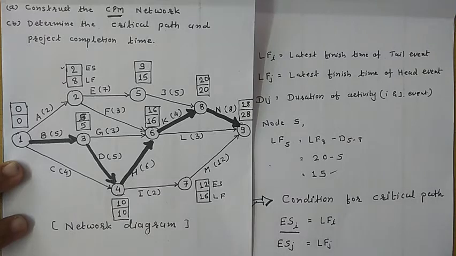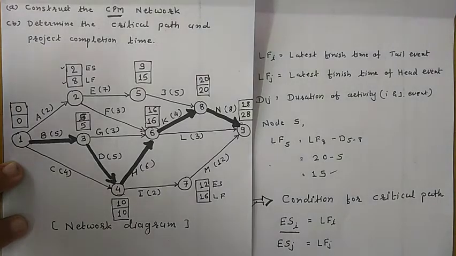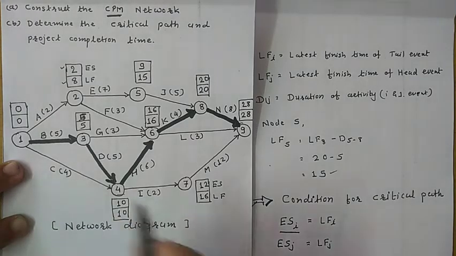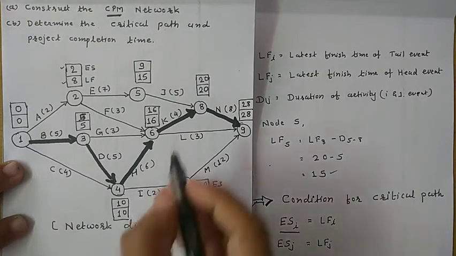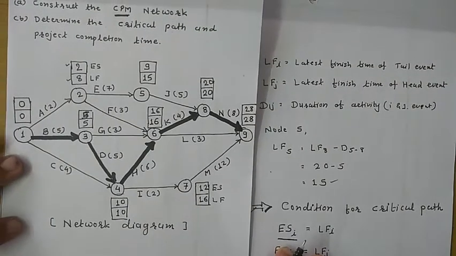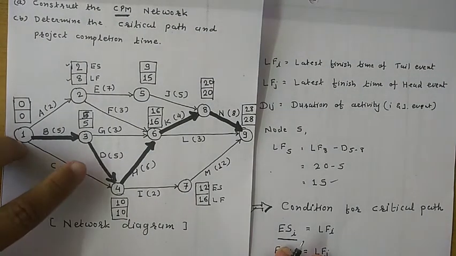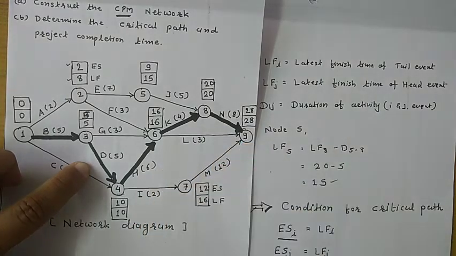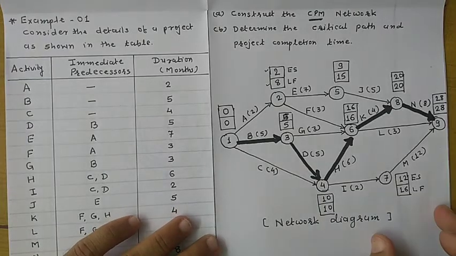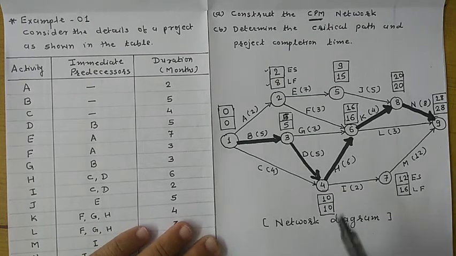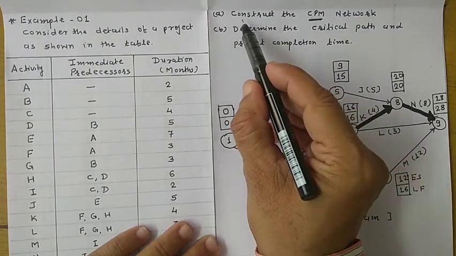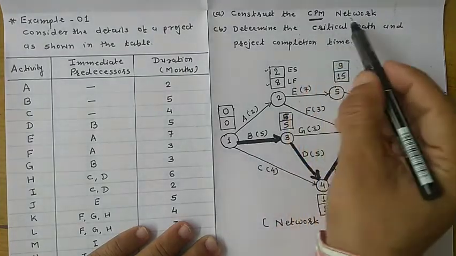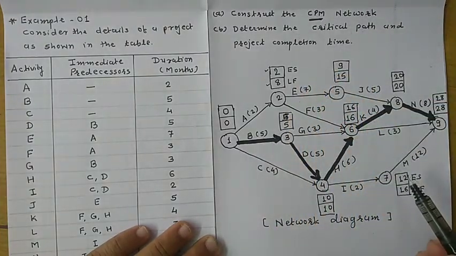So our first point, that is to find out the critical path, is completed. What is our critical path? The critical path is activity B, D, activity H, activity K and activity N. As per our example, we have to construct the CPM network, the critical path network.